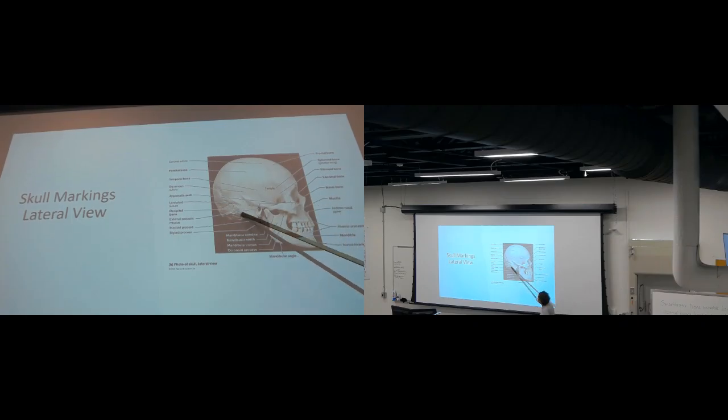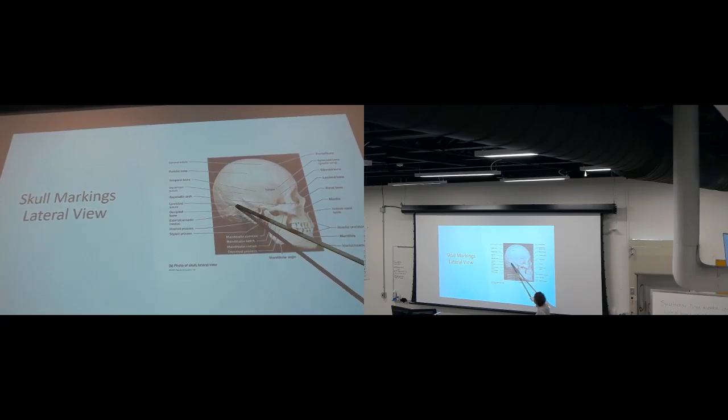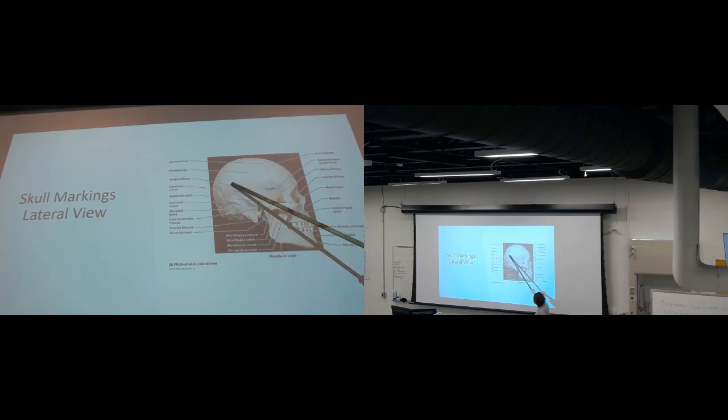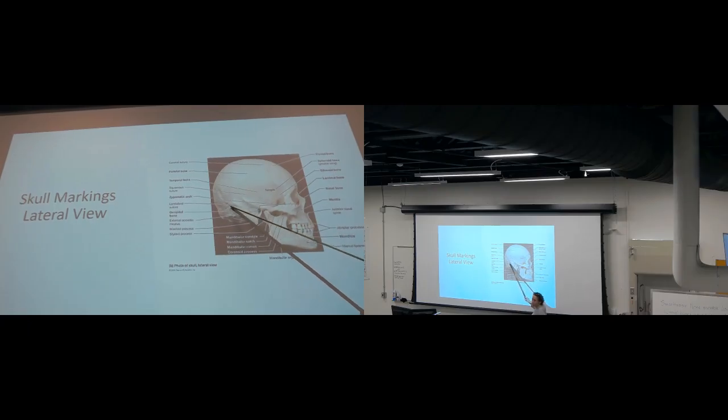And the connection between the occipital bone and the mastoid process of the temporal bone, which is this, is called the occipitomastoid suture. And the connection between the parietal and the occipital bone, which is this, is the lambdoid suture.